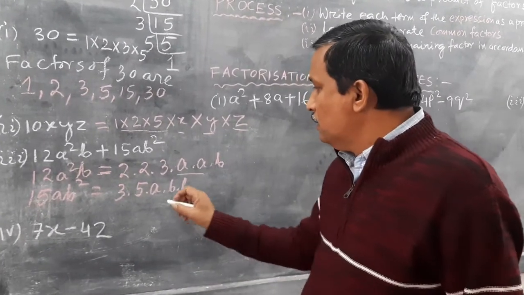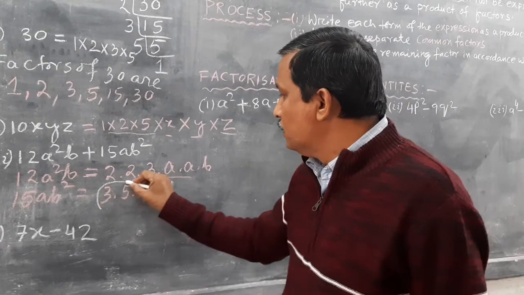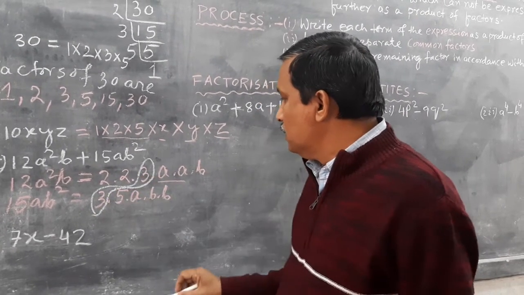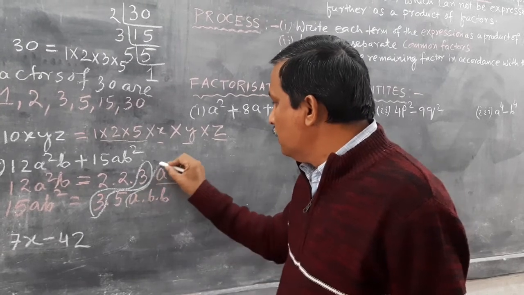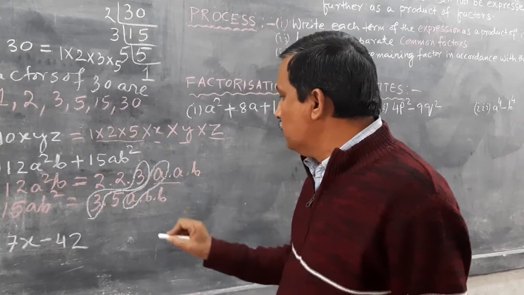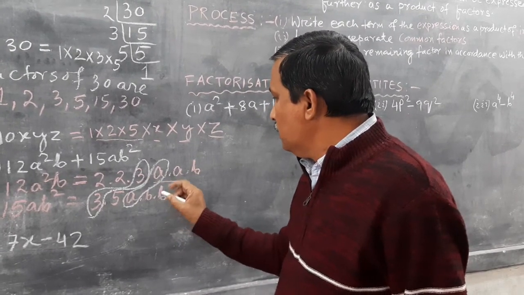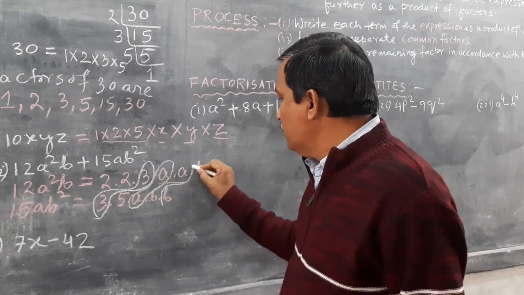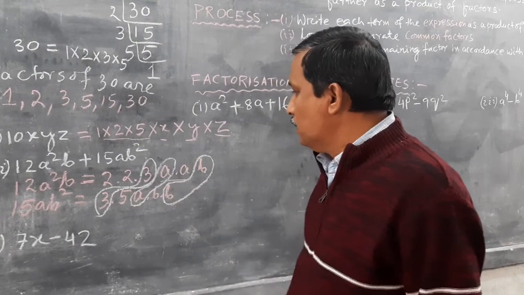So you see here 3 is in both the terms. Similarly, a is in both the terms. Here a is extra. Similarly, b is common.